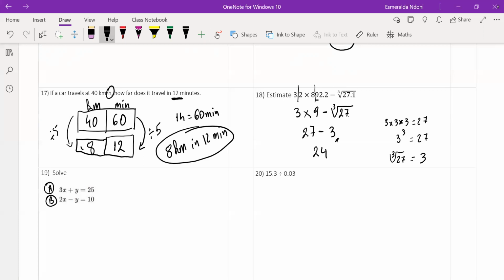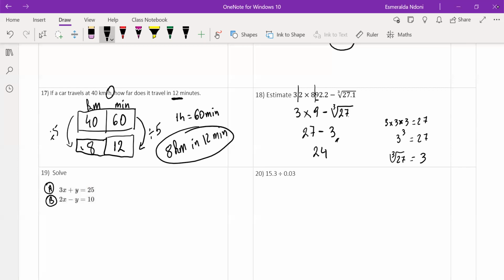And I can see that the numbers before the y are the same, and those numbers are just 1. We don't write them, but they are 1. So we do not need to multiply the equations to make them the same. All we need to do now is eliminate the y. Because the numbers are the same, we can just eliminate them straight away.